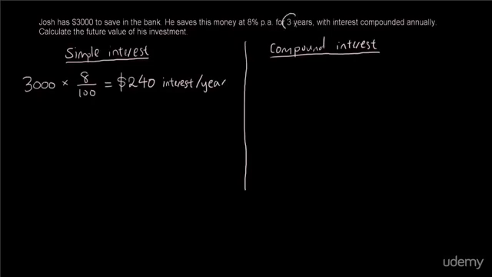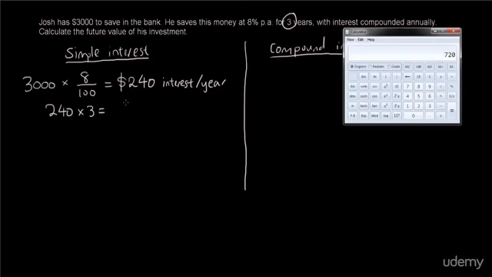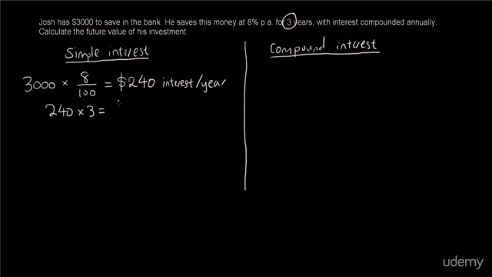Now he saves the money for 3 years, so 240 times 3 is 720. And so that's interest for 3 years.